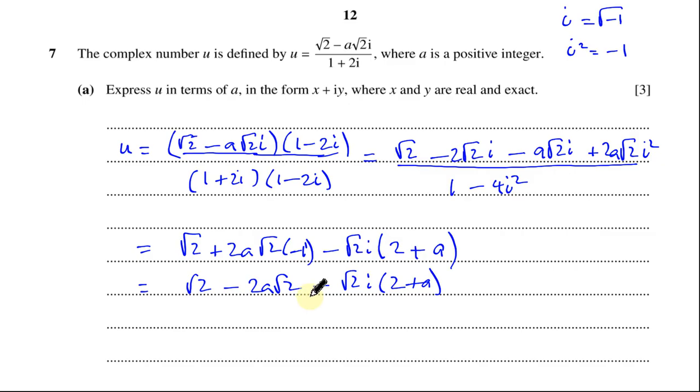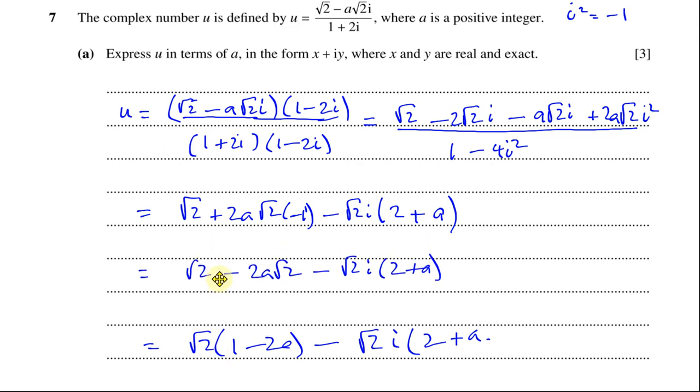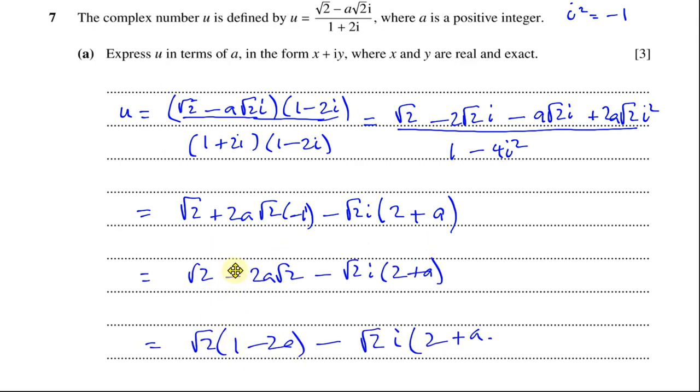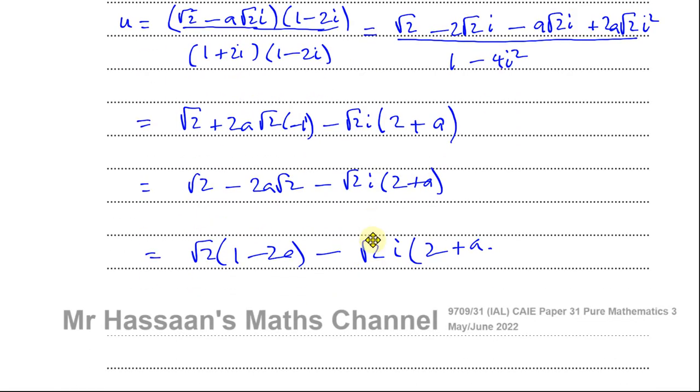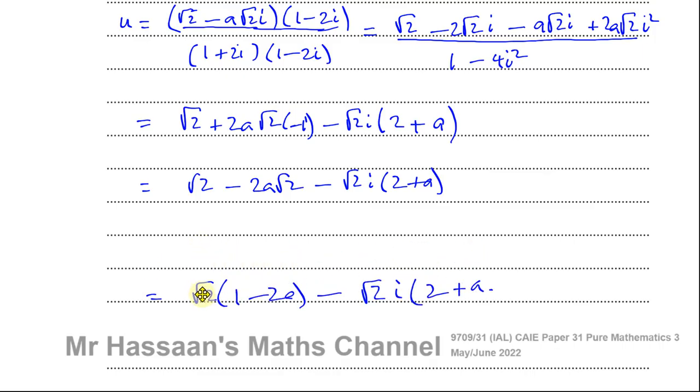I can even write this a bit simpler by taking out root 2 as common from these two: root 2 times 1 minus 2a, minus root 2 i times 2 plus a. And what have I forgotten? I've forgotten the denominators. I've just dealt with the numerators. I should have done them at the same time actually, but I forgot. Let me just do that down here.